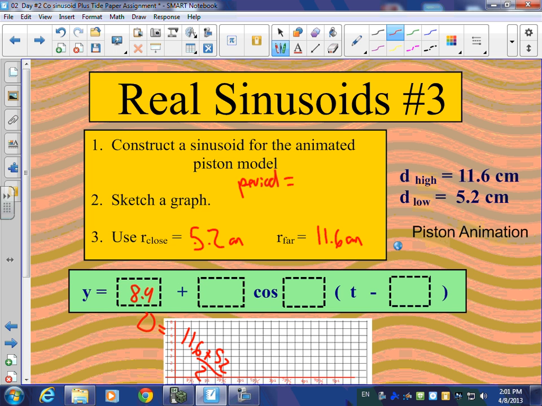And then we can find, this is really easy, the amplitude is from the high down to the middle, or 8.4 minus 5.2, which is 3.2. Okay, and we're going to choose 0 to be the high point. So all we need is the B value. So how are we going to get that? Well, we're going to have to measure the time for things to go up and down 10 times.